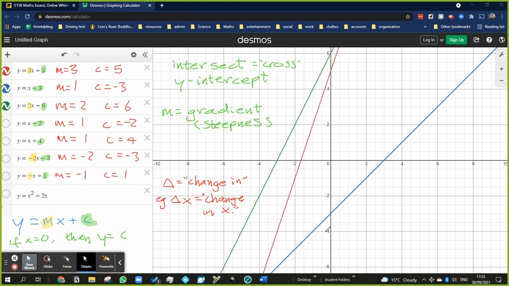So in other words, if I were to get a little triangle here, we use a right angle triangle. We want to find 2 points on the graph, and then we plot those 2 points, and then we connect them using this triangle like this. The distance from there to there is the change in x.